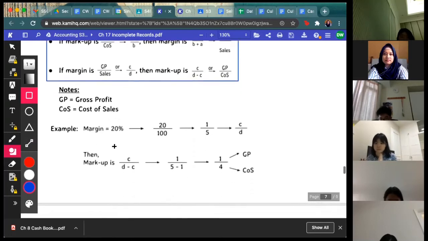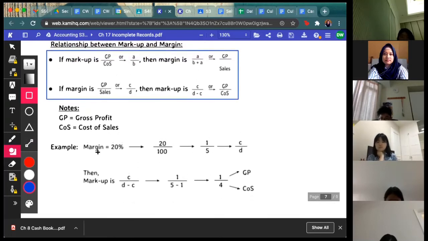Now let's see an example. Say you have a margin of 20%. If I change it into a fraction, it becomes 20 over 100, which I simplify into 1 over 5. If margin is C over D, then C is 1, D is 5. But I don't need margin, I need markup in the question.